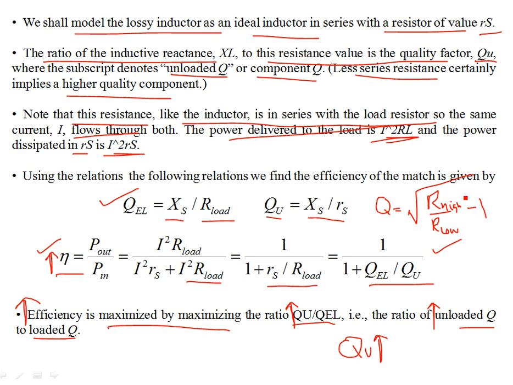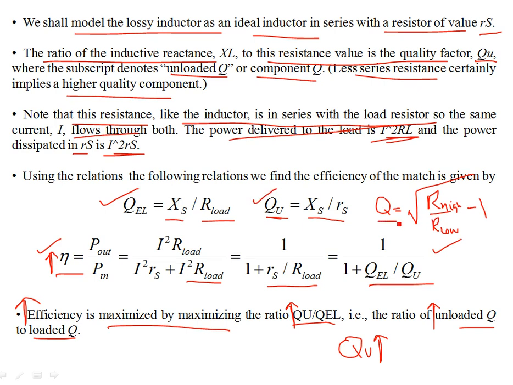If the ratio is high, then you can ignore this 1, and you're going to have a very high matching Q. But if the ratio is near unity, then you will have a very low Q match, which means a very wide band match. So to keep this quality factor high and to avoid any damping due to the components, you need a very high QU.